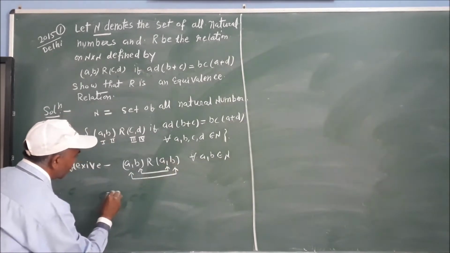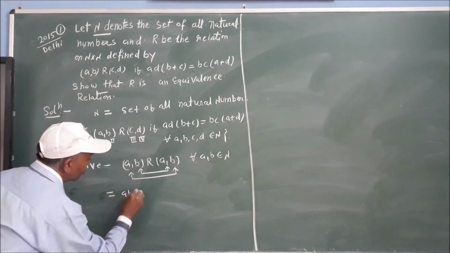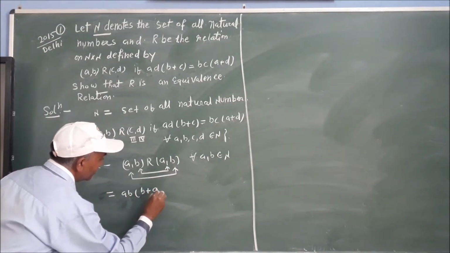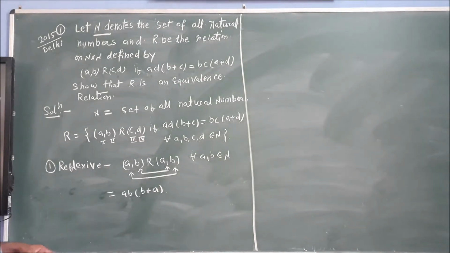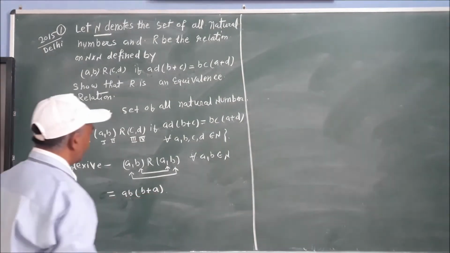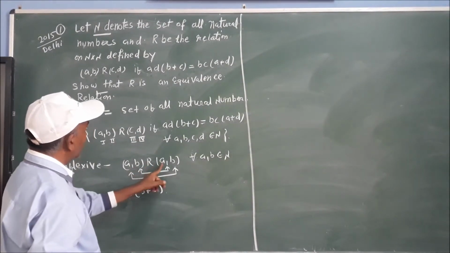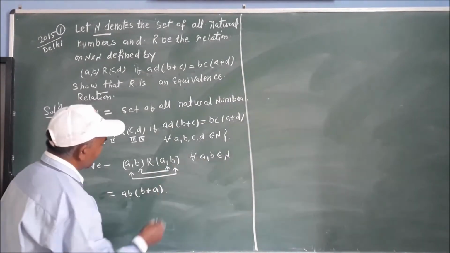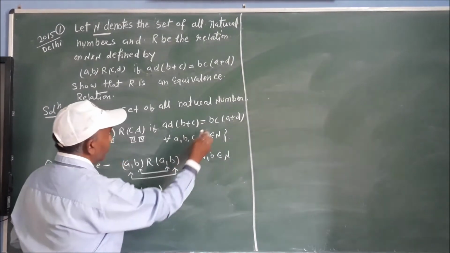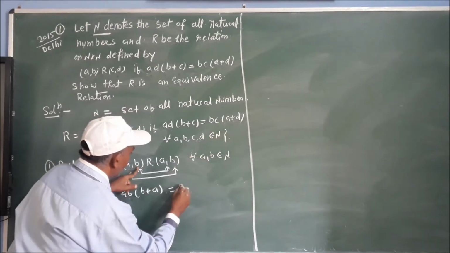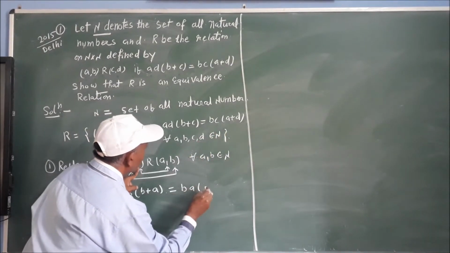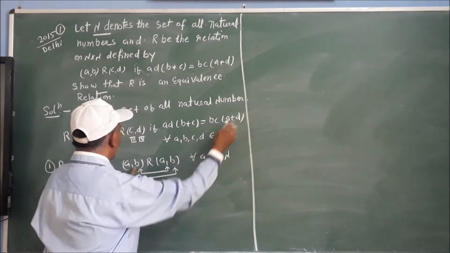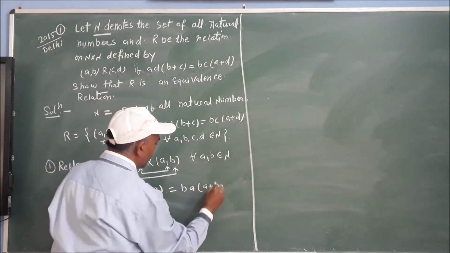So this will be equal to AB into B plus A. (A, B) is related to (A, B), so this can be written as AB into (B + A) is equal to second element and third element BA into first element and fourth element (A + B).